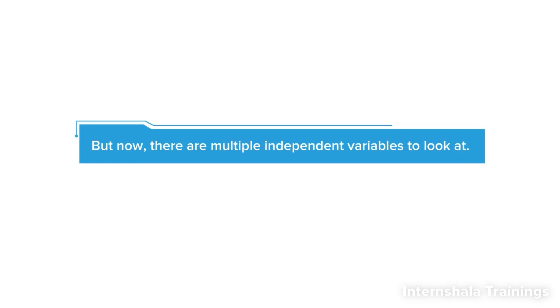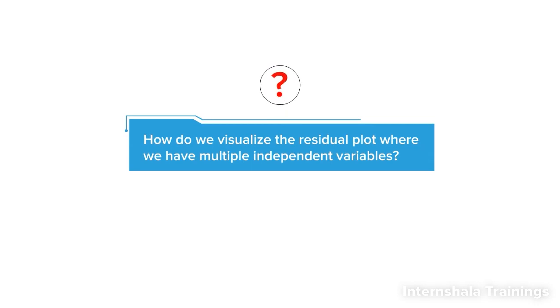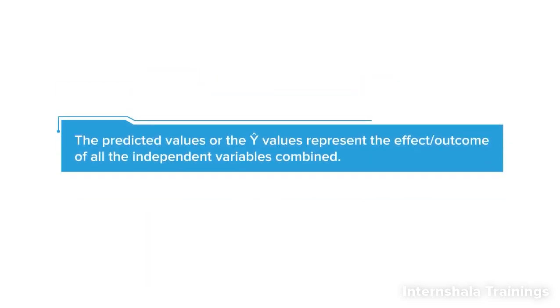But now we are looking at multiple independent variables in our linear regression model. But the next question is, how do we visualize the residual plot where we have multiple independent variables? In this case, we will be using the predicted values or the y-hat values because they represent the effect or outcome of all the independent variables combined.